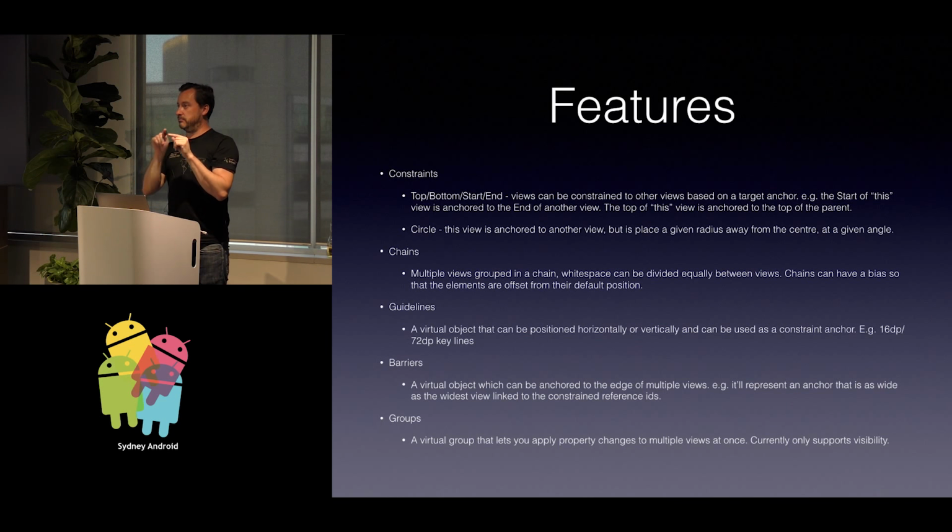You can just reference them by the IDs of those views, which means, again, you maintain a very nice flat hierarchy, which is great, and we'll come to why that's great later on. But also, the views don't have to be next to each other. They can be higgledy-piggledy all around the screen, and you can change the visibility and say, when this condition is true, make this group invisible, and all the views that are referenced by that group will disappear.